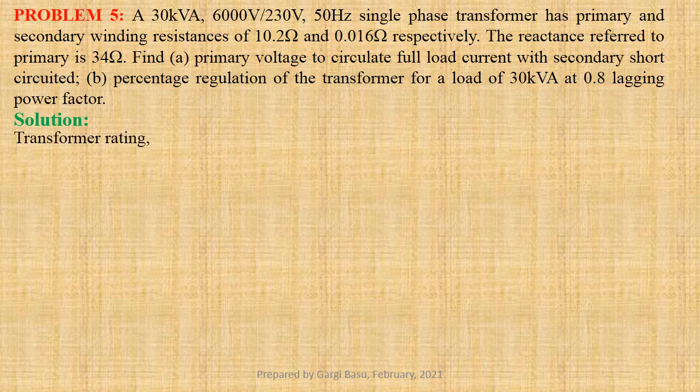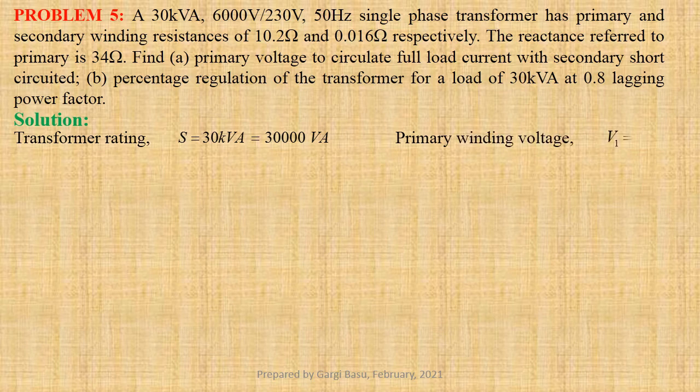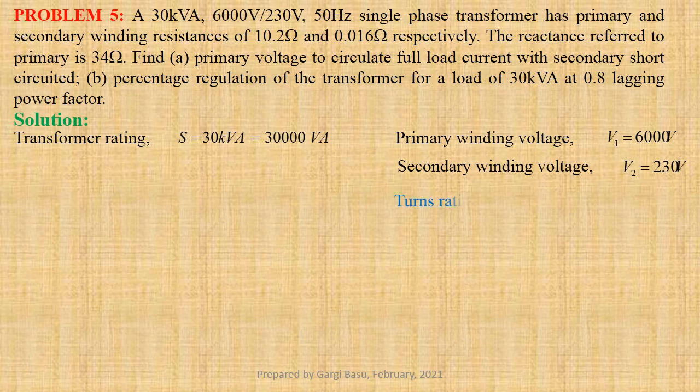Transformer rating S equals 30 kVA, that is equal to 30,000 volt ampere. Primary winding voltage V1 equals 6000 volts. Secondary winding voltage V2 equals 230 volts. Let us now determine turns ratio.